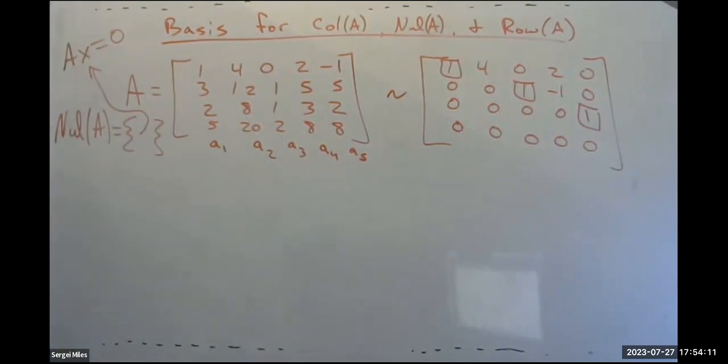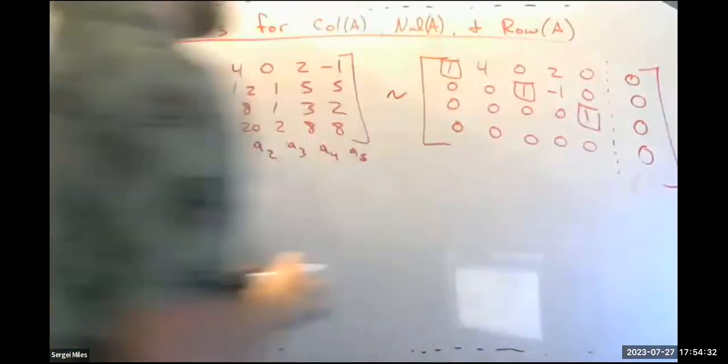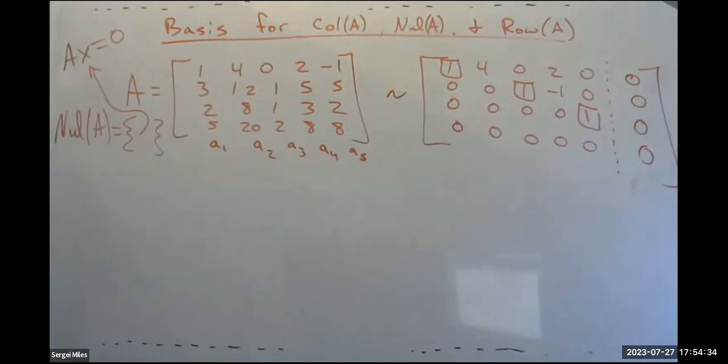It might be finite, but it's a set of the vector x's mapped to 0. Well, that means for solving this question, now I want to think about, well, what happens when I augment with 0? Right? Because now I'm trying to find the solution set.